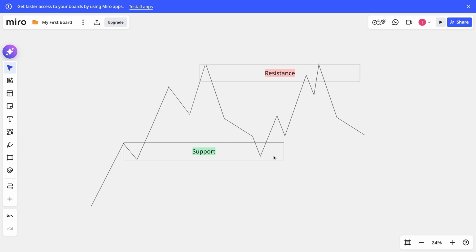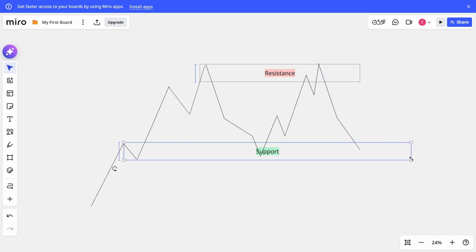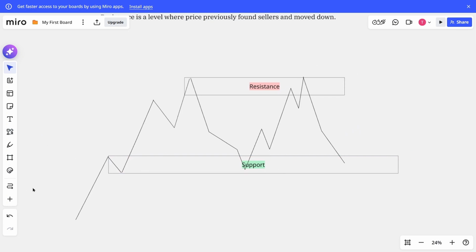So they wait until it hits the third time, for example, like this, and then they take their positions from here. Let me show you. So they take their positions from here.